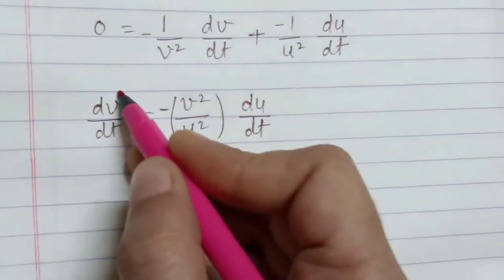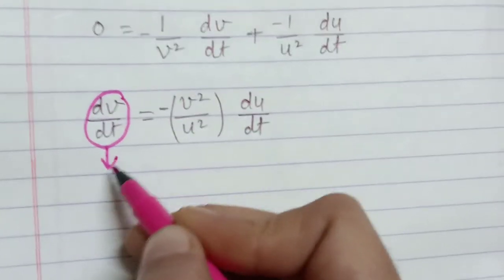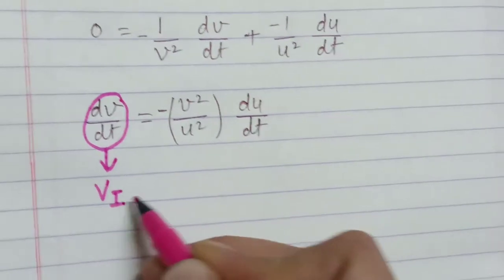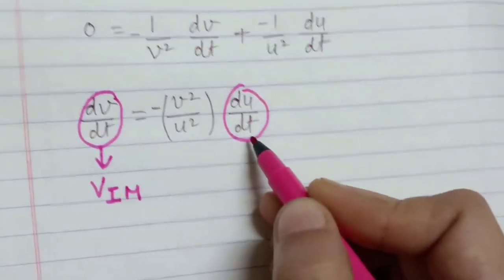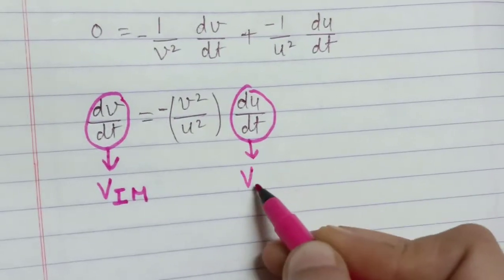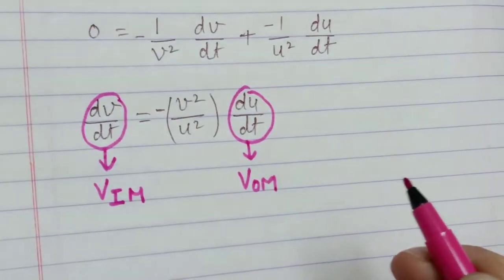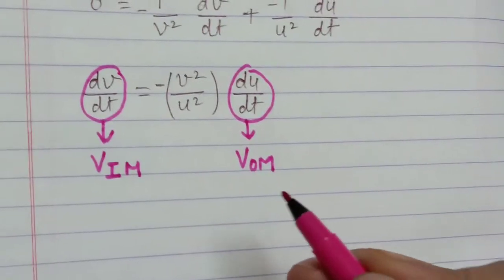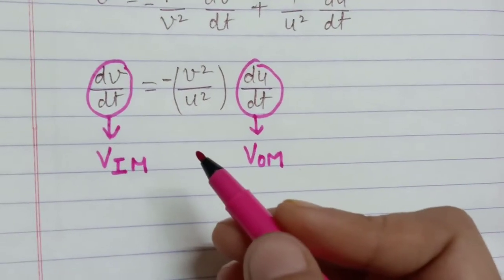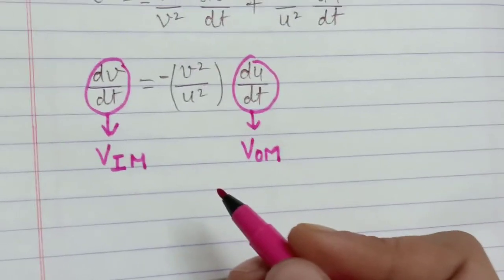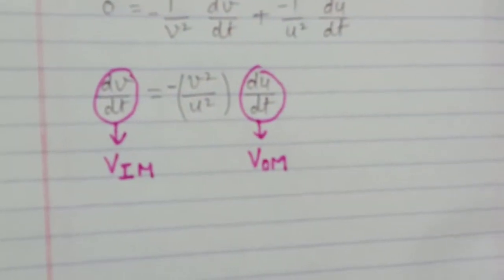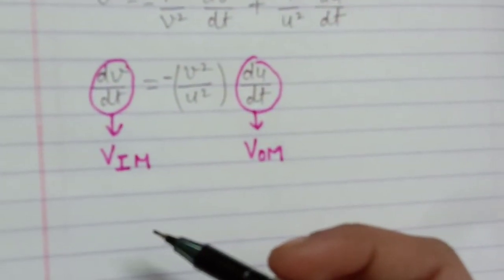So this is dv upon dt. This is the velocity of image with respect to mirror, and du upon dt is the velocity of object with respect to mirror. Okay, there is no issue. If you don't know the derivation, you just remember the formula and you can solve all your problems.